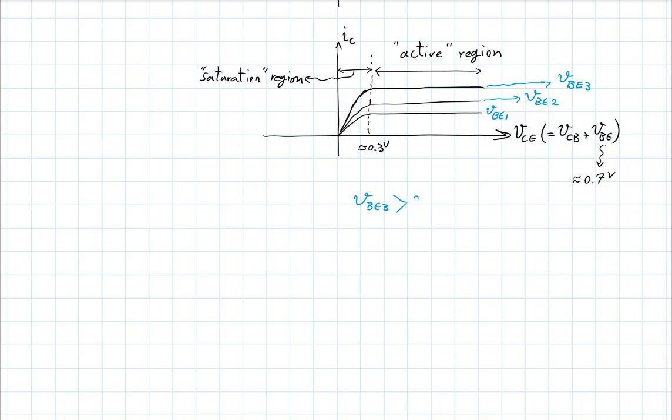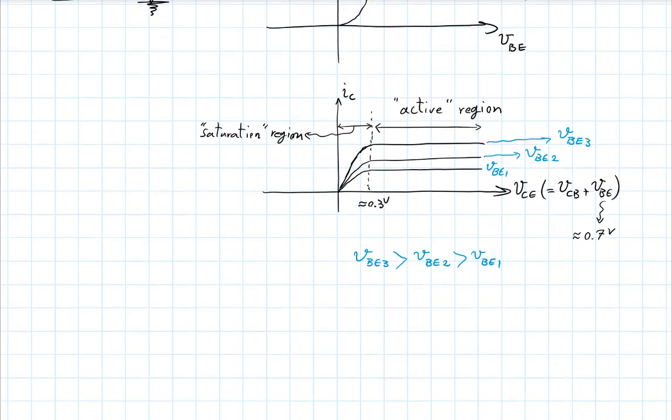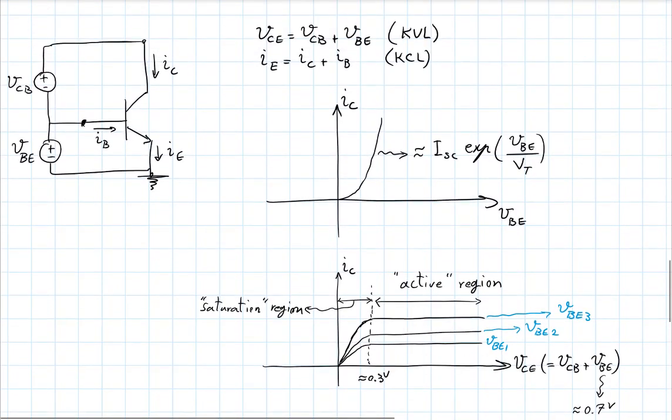VBE3 is greater than VBE2, and that's greater than VBE1. They're all around 0.7, but maybe one is 0.65, the other one is 0.68, the other one is 0.72. And a small increase in VBE will correspondingly lead to a large increase in IC.